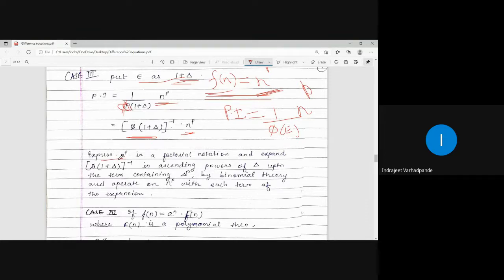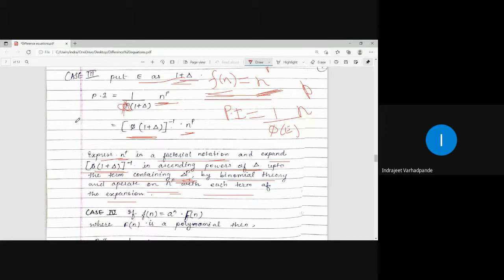Express n to the power p in the factorial notation and expand phi of 1 plus delta to the power minus 1 in ascending powers of delta up to the term containing delta to the power p by binomial theory, and operate on n to the power p with each term of the expansion.